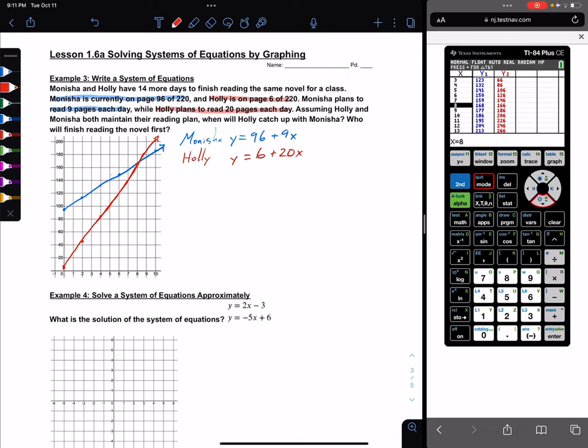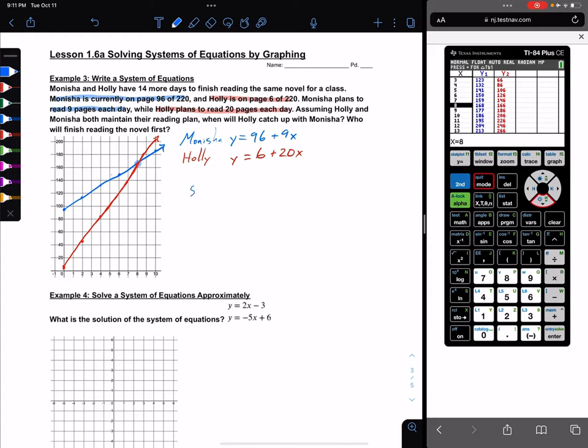All right, so at some point around here is when Holly is going to pass Monisha. Her line winds up being higher than Monisha's. We don't know exactly what point that is. We don't care exactly what time it is, but it does look like it happens at some point on day 8 or 9. It's going to be right after day 8. So the question is, assuming they maintain the reading plan, when will Holly catch up with Monisha?